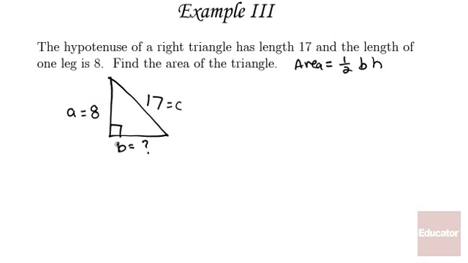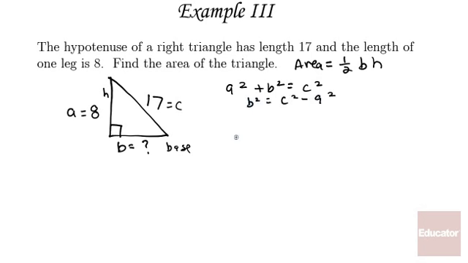So for that, I'm going to need the Pythagorean theorem. A squared plus b squared equals c squared. And I want to solve for b. Okay, so let's isolate b. And now we have b squared over here. Let's go ahead and substitute.